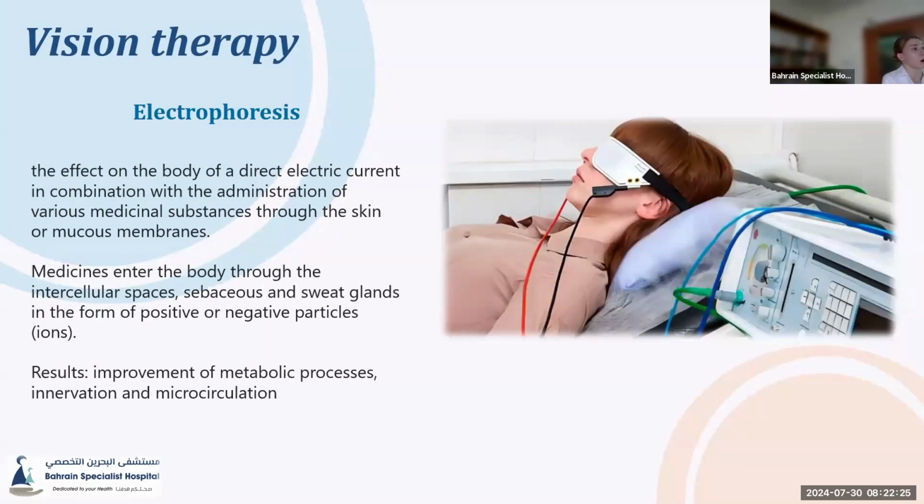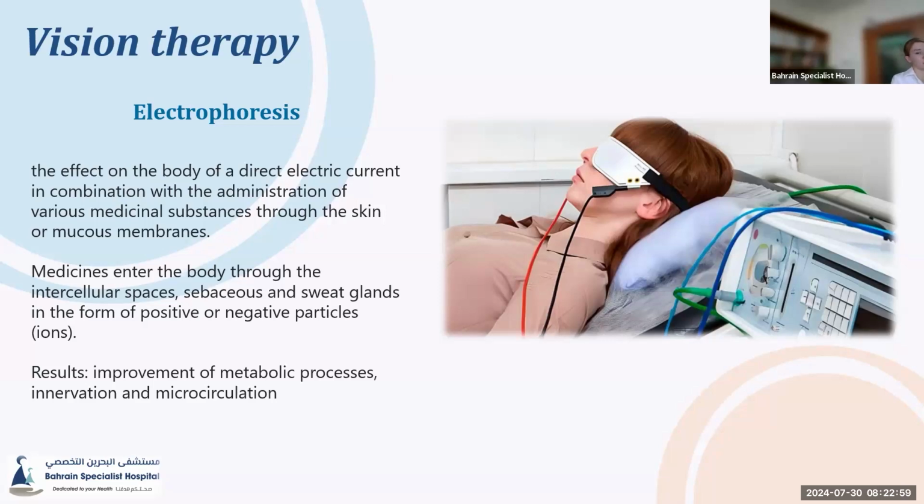Electrophoresis. We use this type of treatment not only in amblyopia. It depends on the medicinal substances that will be used during the treatment. The effect is that of a direct electric current in combination with administration of different medicinal substances through the skin or mucous membranes.